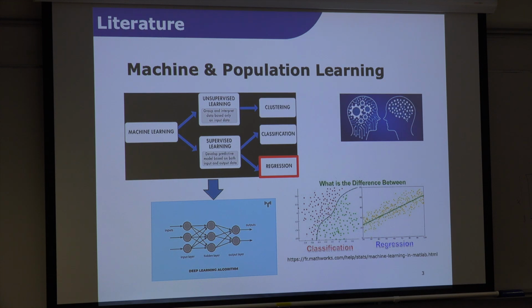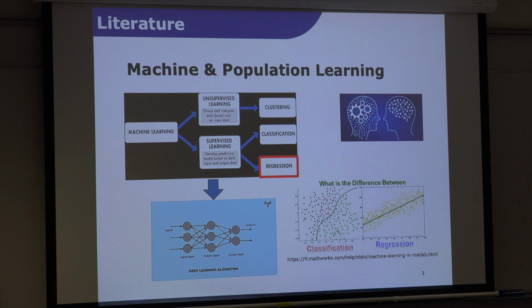So within supervised learning, there are classification and regression-based models. The main difference between classification and regression is the type of data. If you look at the image here, you can see that for regression-based models, the data is usually centered around the mean, whereas for classification, the data is more dispersed and falls to either one side or the other of the curve.